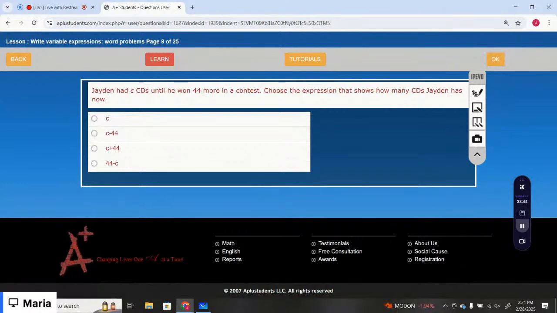Jaden had c CDs until he won 44 more in a contest. Choose the expression that shows how many CDs Jaden has now. So that means he has c plus 44 CDs.